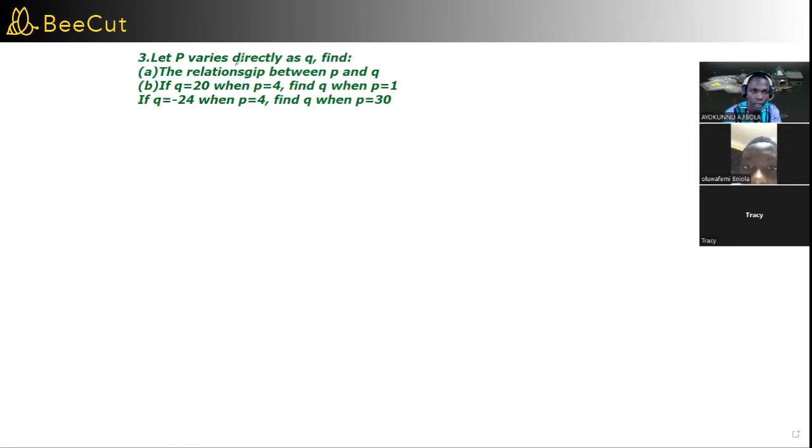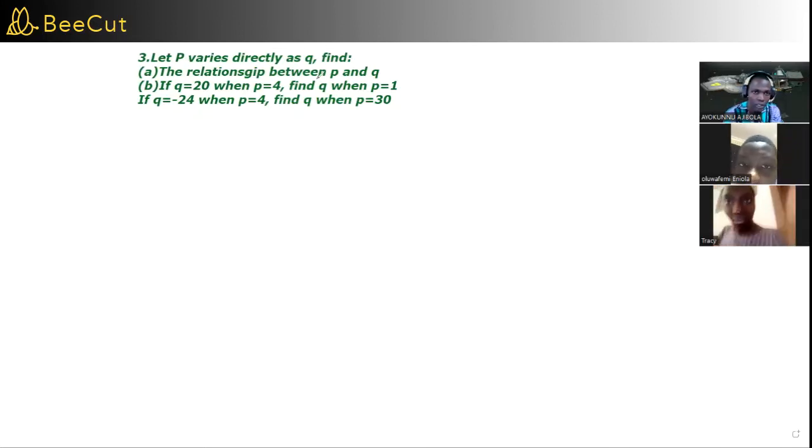And that sign of variation does not mean equation sign. So you have to put an equation sign in order to introduce a constant. And that's what I said the other time. So Tracy, I believe you can hear me now. Just put it down and let's continue. Here is number 3. Tracy, whatever you miss in number 1 and 2, you're going to get the explanation through the video.